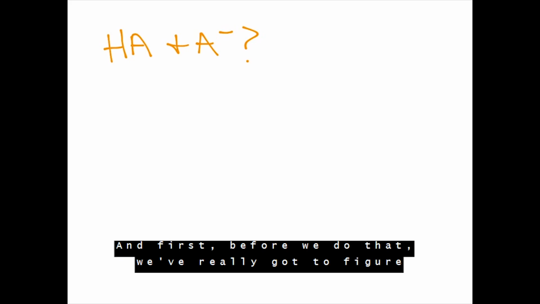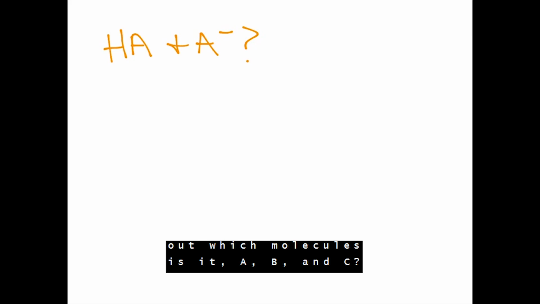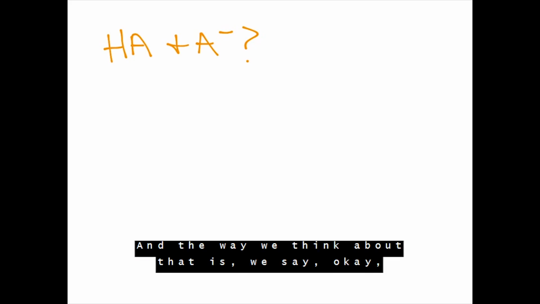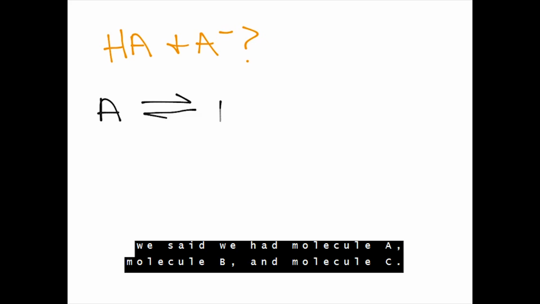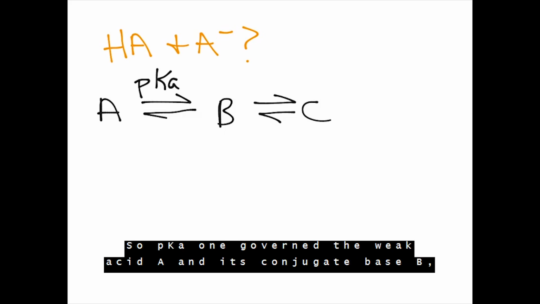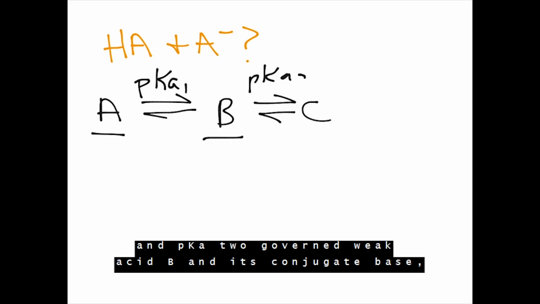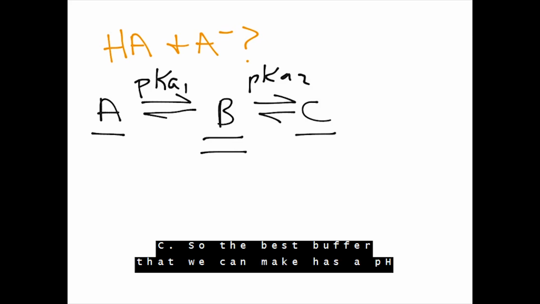And first, before we do that, we've really got to figure out which molecules it is, A, B, and C. And the way we think about that is we said we had molecule A, molecule B, and molecule C. So pKa1 governed the weak acid A and its conjugate base B, and pKa2 governed weak acid B and its conjugate base C.